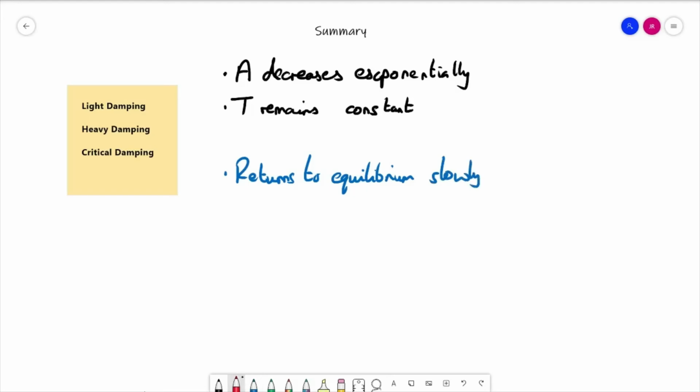And then for critical damping, we get a fast return to equilibrium in the shortest possible time.